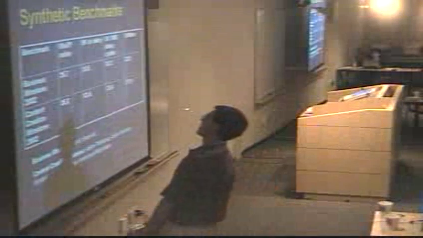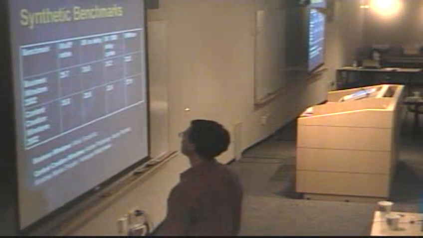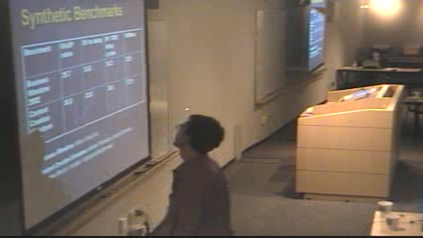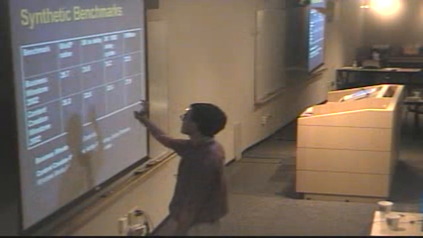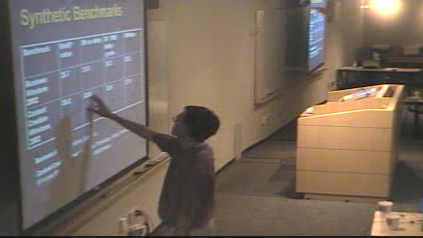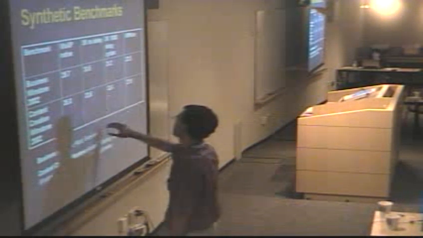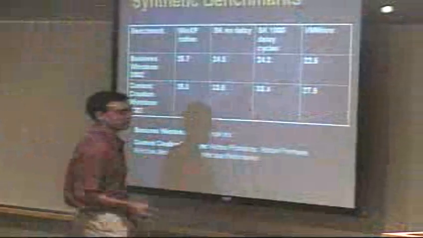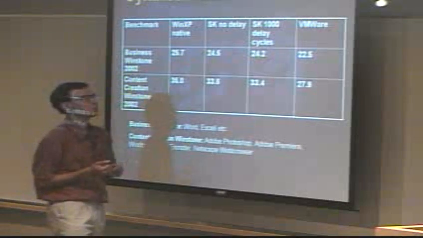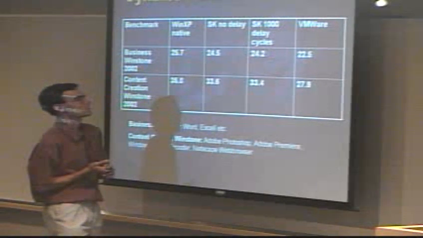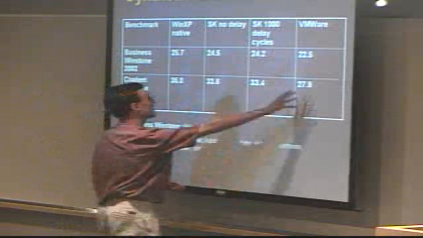Finally, once again, the Winstone benchmark, which at the end outputs a score. The different columns here indicate, higher is better, comparing native, our design as it is, our design with extra delay cycles to account for possible overheads in the new hardware, and VMware.